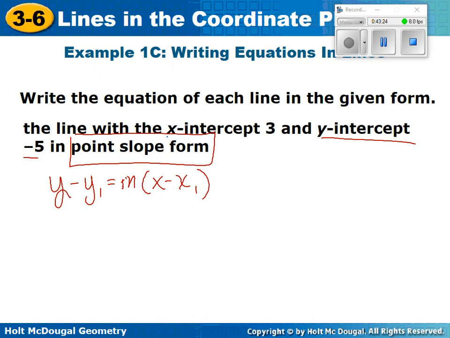If I plug in 3 and -5, 3 is the y-intercept and 5 is the x-intercept, right? If you plug it in for the x and the y, you're telling me that the point is -5, 3. Is -5, 3 an x-intercept or a y-intercept? No. This is not a point on your line.